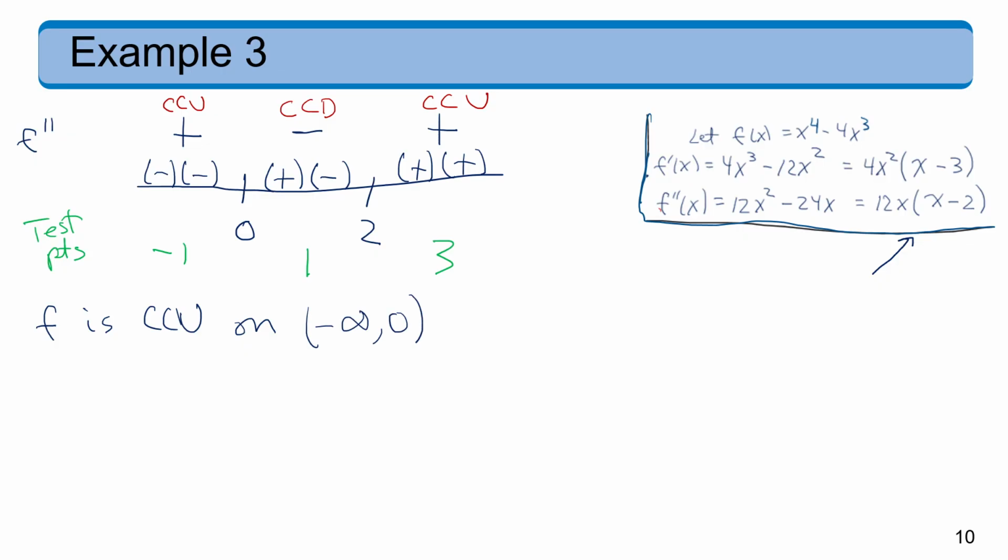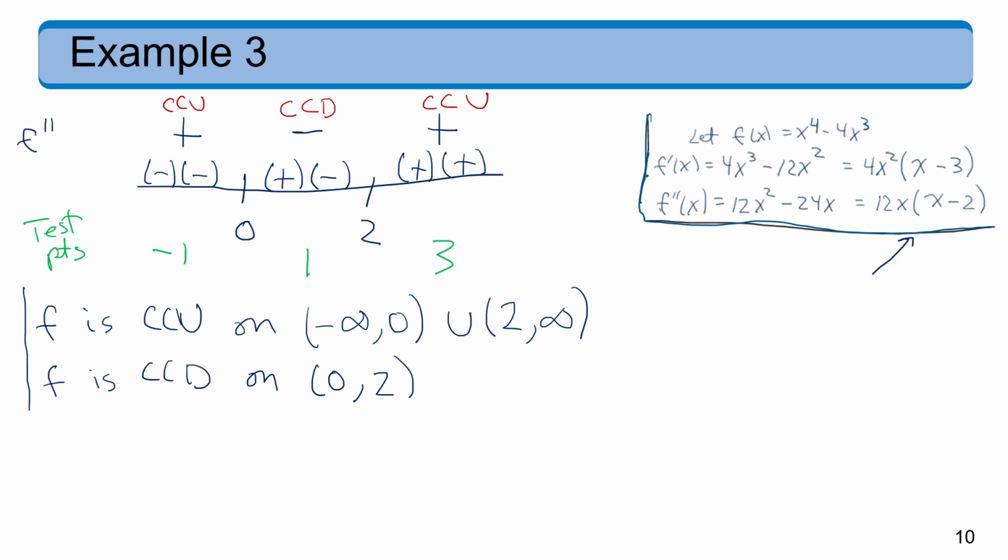But then there's another interval where it's concave up, on the right, everything to the right of 2. So this interval goes from 2 on the left to infinity on the right. And then we can say f is concave down on the interval in the middle there, between 0 and 2. Okay, so that answers the question about concavity.